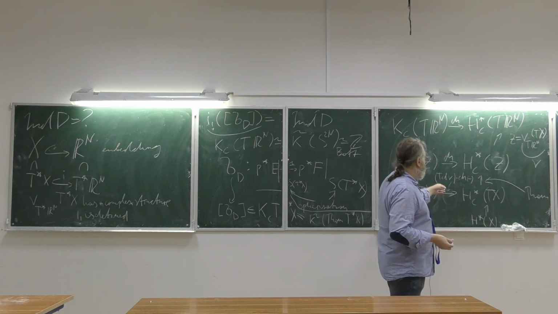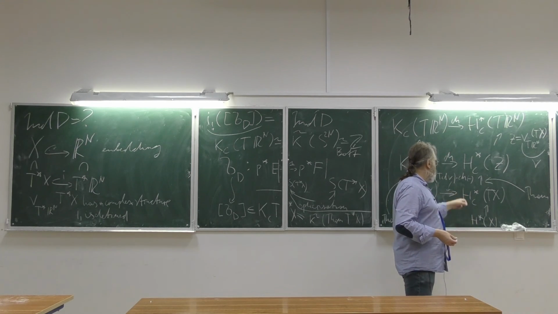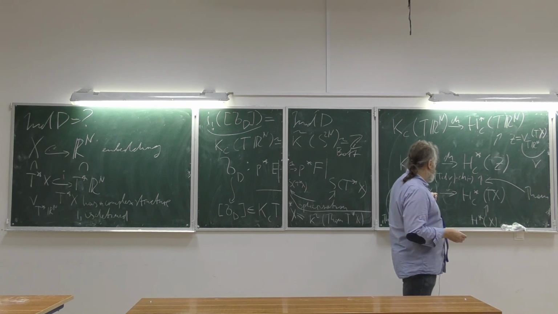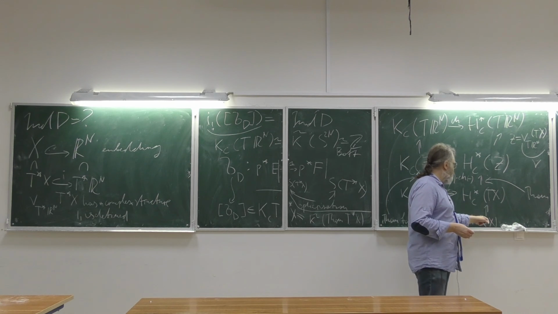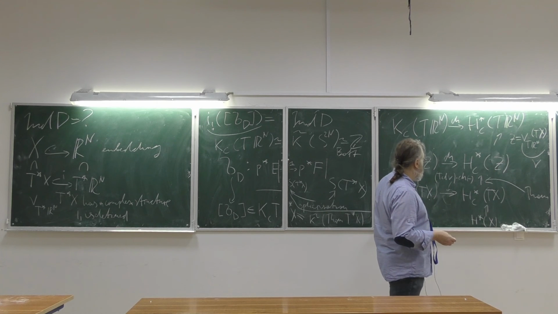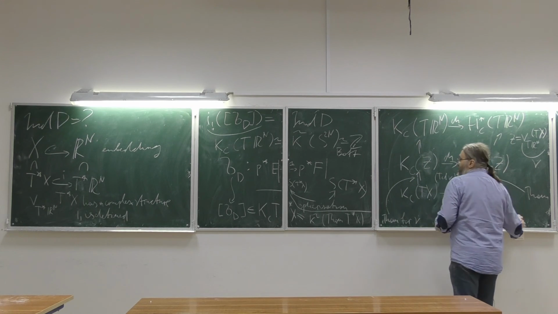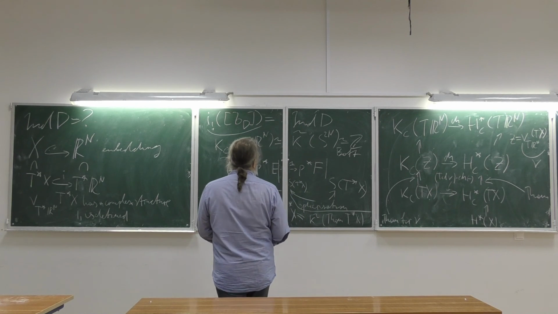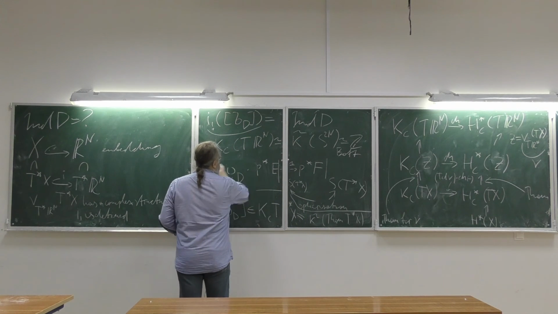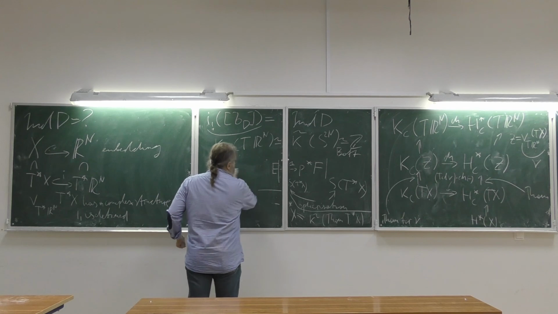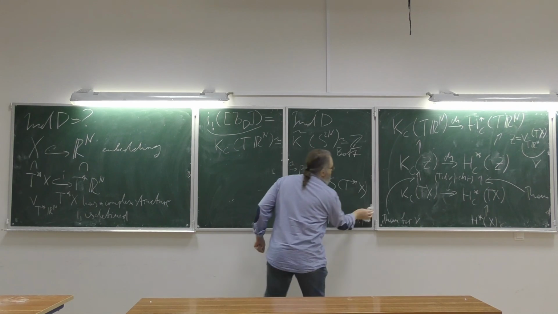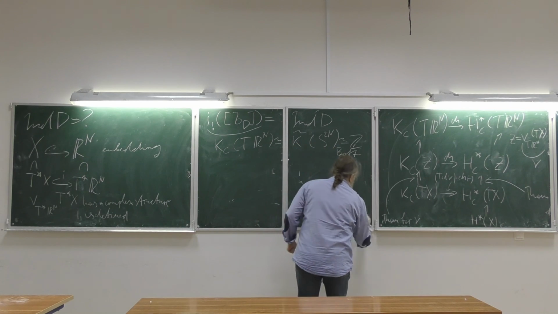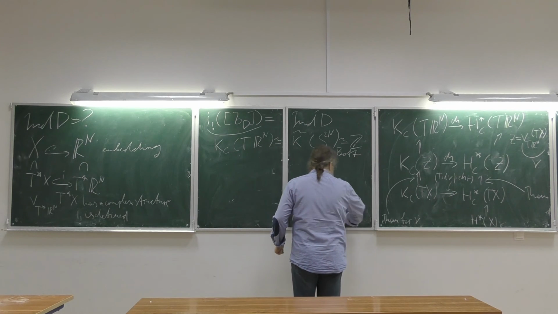Okay, now I have this map, and basically I want to reduce the question to some calculations in cohomology and not in K-theory.